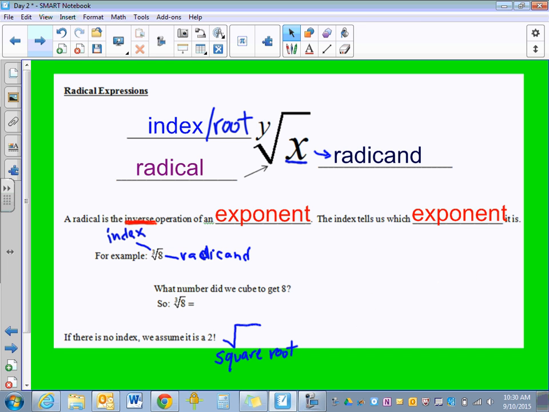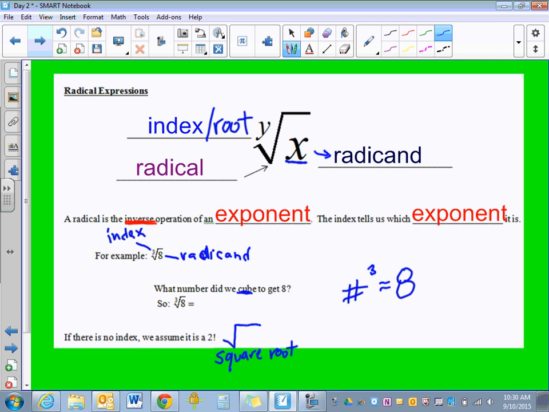So let's go ahead and look at this one here. So we have the cube root of 8. What we want to know is what number did we cube to get 8? So basically, what number do we raise to the third power to get 8? What number would that be? What number multiplied by itself 3 times gives us 8? Go ahead, Mohammed.